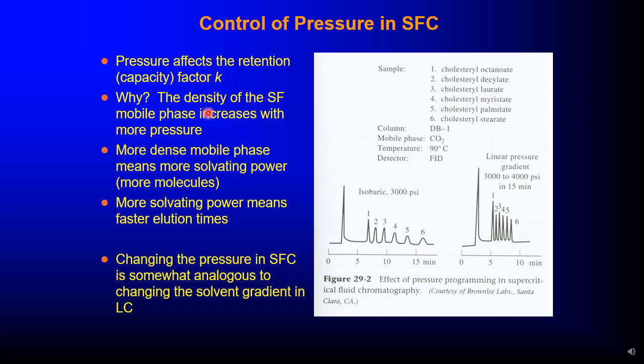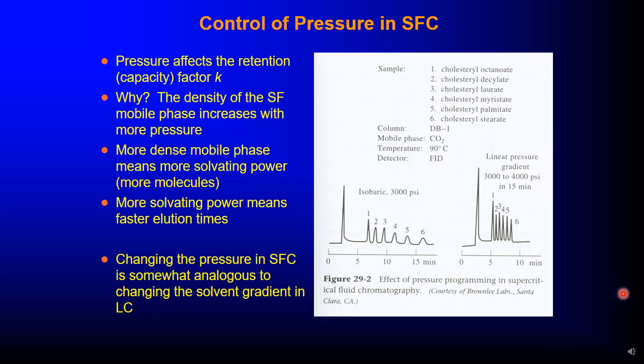The density of the supercritical fluid mobile phase increases with more pressure. A more dense mobile phase means more solvating power. More solvating power means faster elution times. Changing the pressure in supercritical fluid chromatography is somewhat analogous to changing the solvent gradient in liquid chromatography. So it requires some knowledge to be able to control pressure in supercritical fluid chromatography.